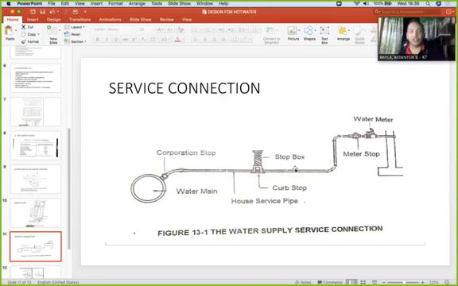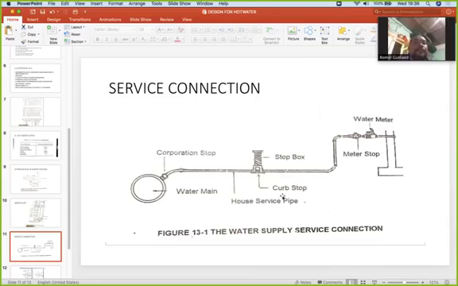After the corporation stop, you have the stop box or curb stop. So there's another protection here. What do you call that kind of stop?